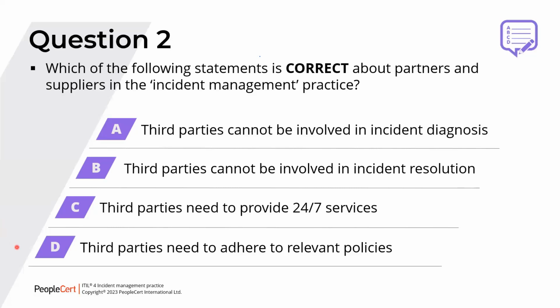Option D, third parties need to adhere to relevant policies. So this is a true statement as well. Third parties are often involved in incident diagnosis and resolution, and sometimes in other activities. It is important to ensure effective integration of the third parties in the incident-related workflows and information exchange, as well as their adherence to relevant policies. Therefore, D would be the correct answer.